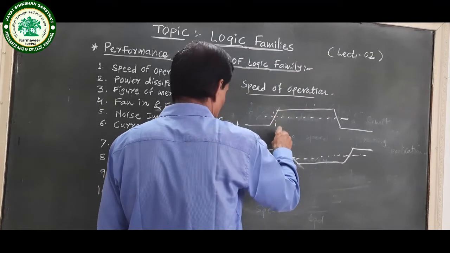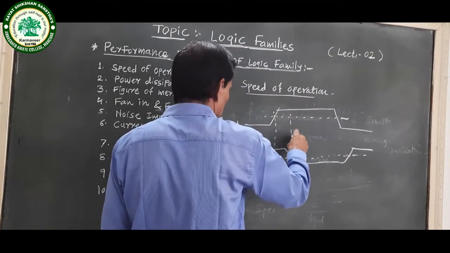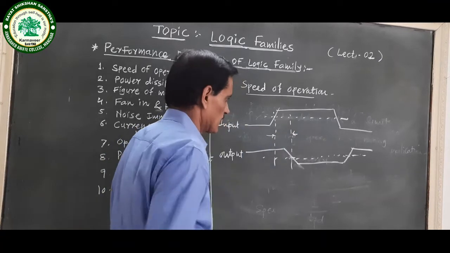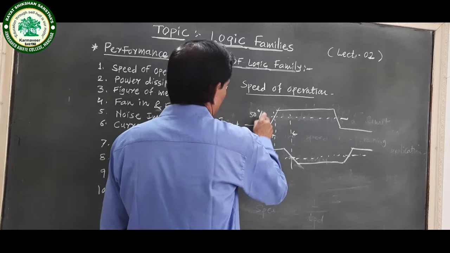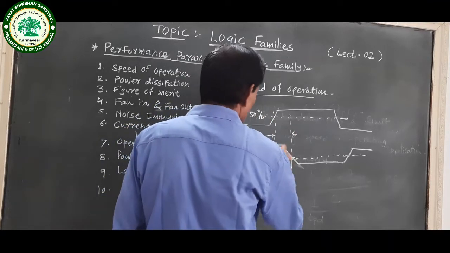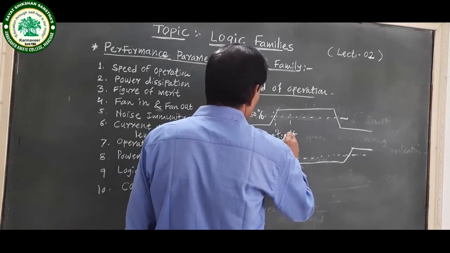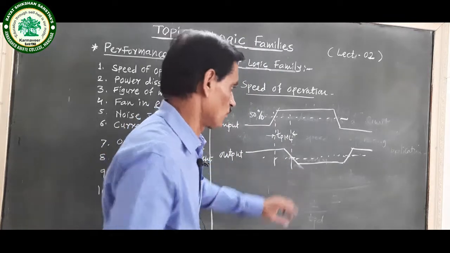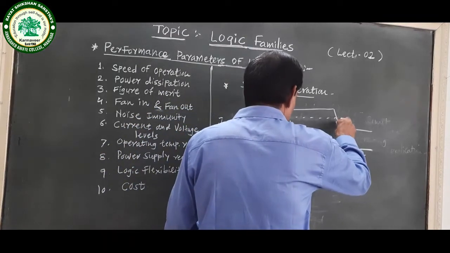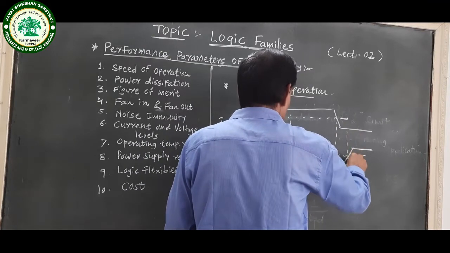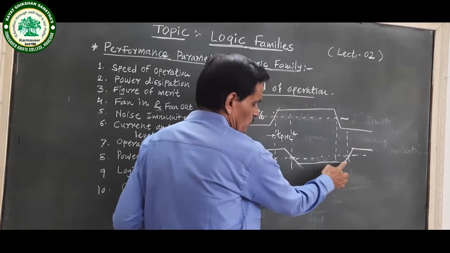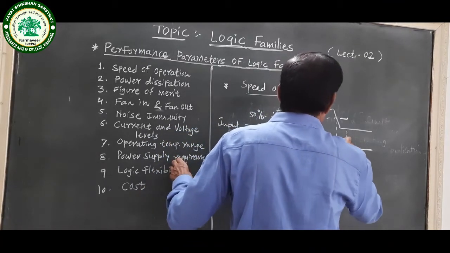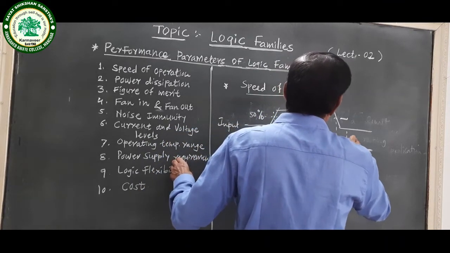Now the time delay between the input and output, here we are calling this particular time delay as TPHL, where the output changes from high to low, whereas this much amount of time delay, where the output changes from low to high, is known as TPLH.